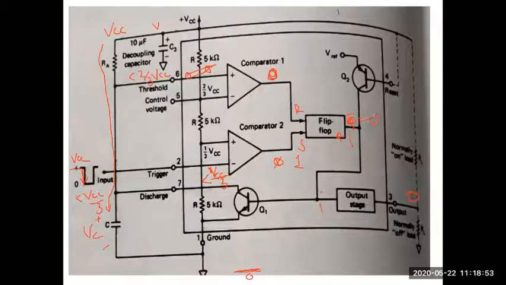Previously Q bar was 1, now Q bar has gone to 0. So if Q bar is 0, what will happen to the final output here? I told you the output stage has inversion along with power amplification. So the final output, which was in the 0 state, will now go to the 1 state. Output has changed to 1. Is this clear?